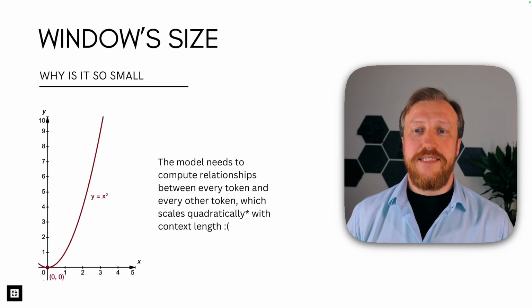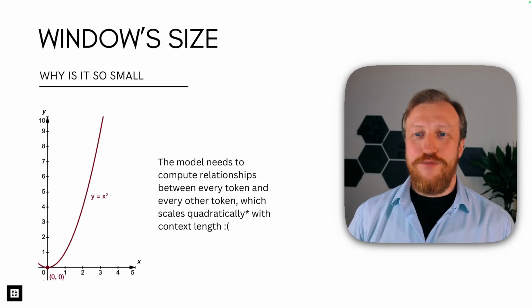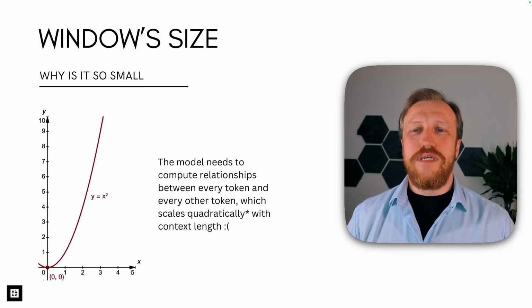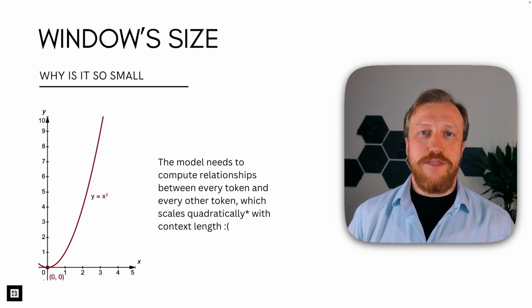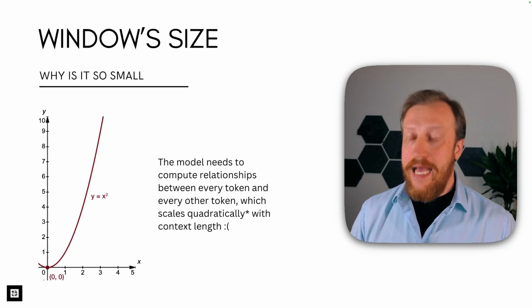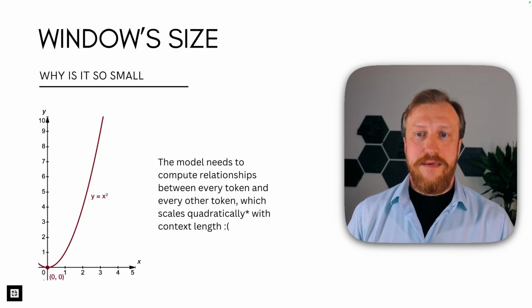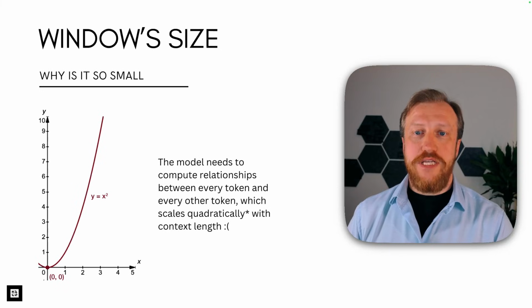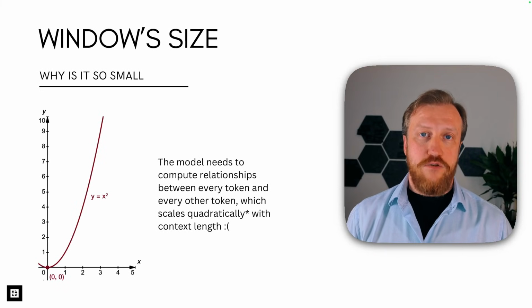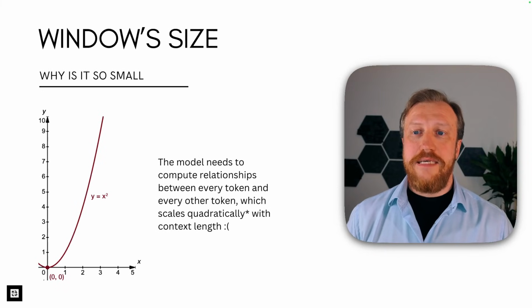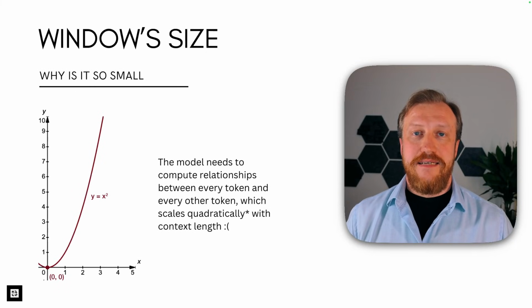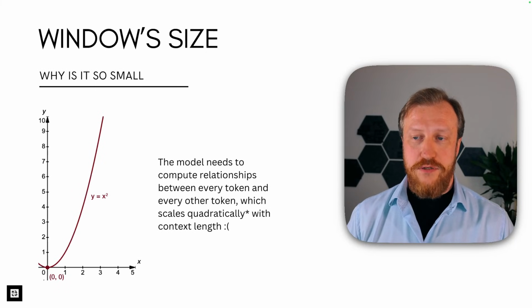The problem is quadratic. The point is it needs to compute relationships between each and every token, and that's what the model does to understand what you're asking for. Relationships between each and every token need to be calculated and weighted, so it takes a lot of work.